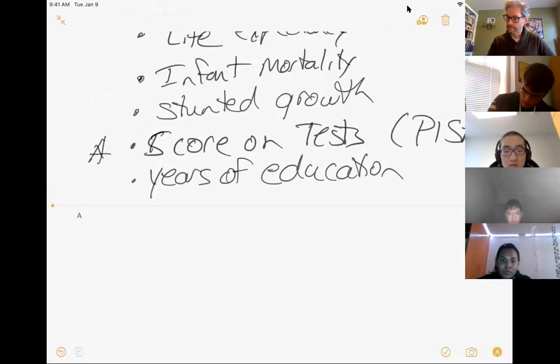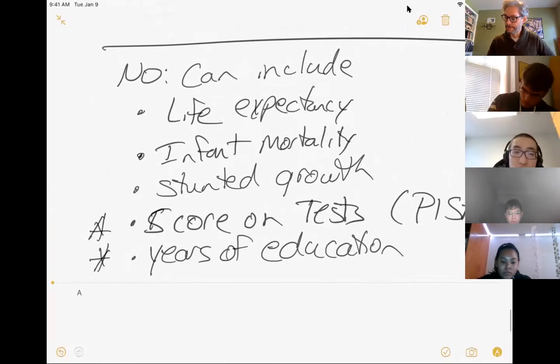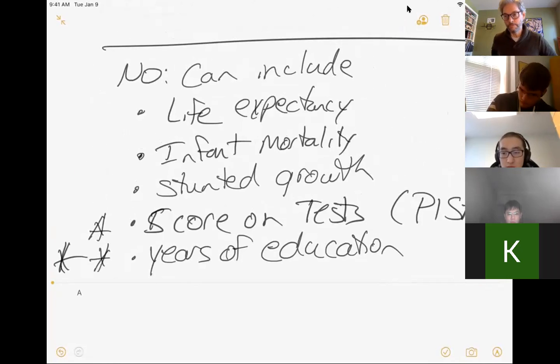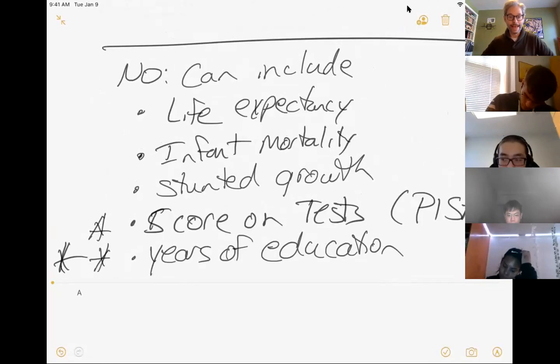These last two, and particularly years of education. So years of education are probably the single best measure of human capital, which is not completely surprising. Scores on tests such as these PISA tests, though, also do very well in terms of being closely correlated with other measures of human capital.